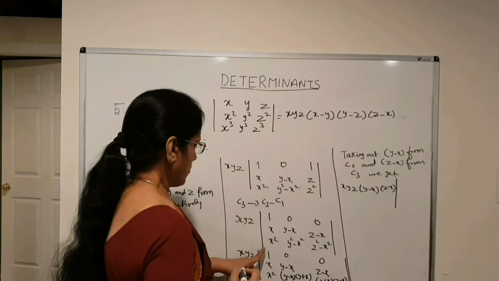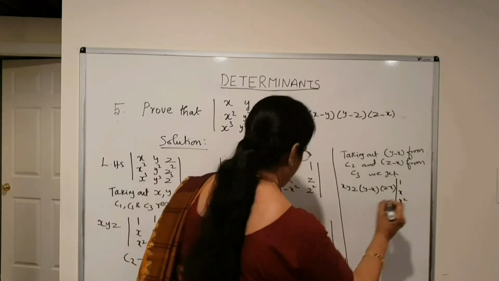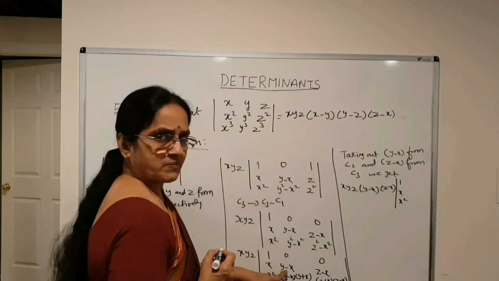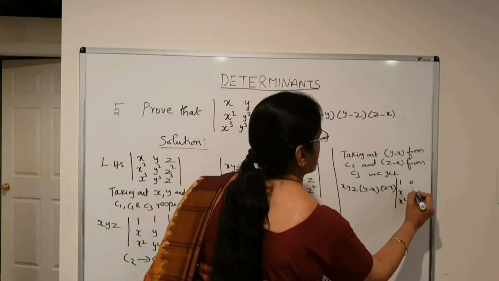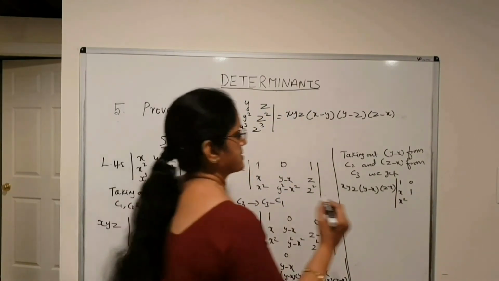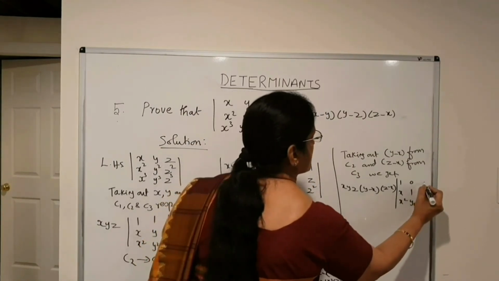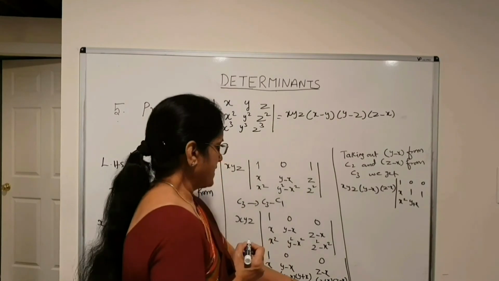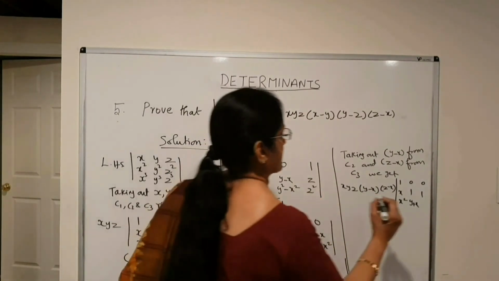What will I be having? 1, x, x square. Then 0, 1, because y minus x I have taken out already. Here y minus x is out, so I will be having only y plus x. Third column will be 0, 1. Already z minus x is outside, I am left with z plus x.